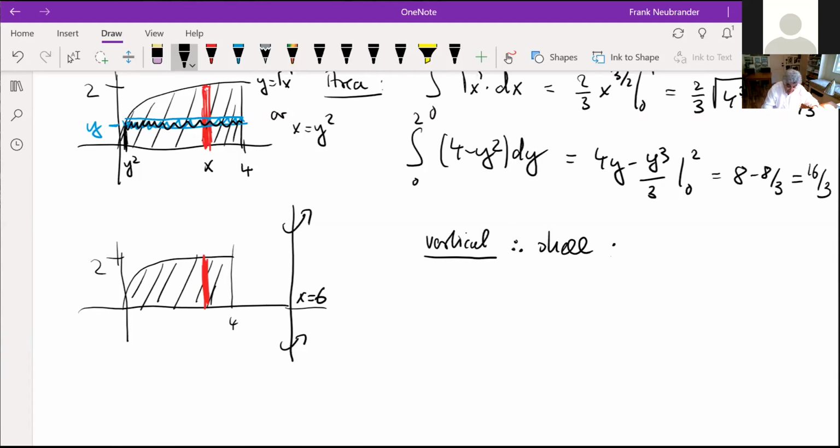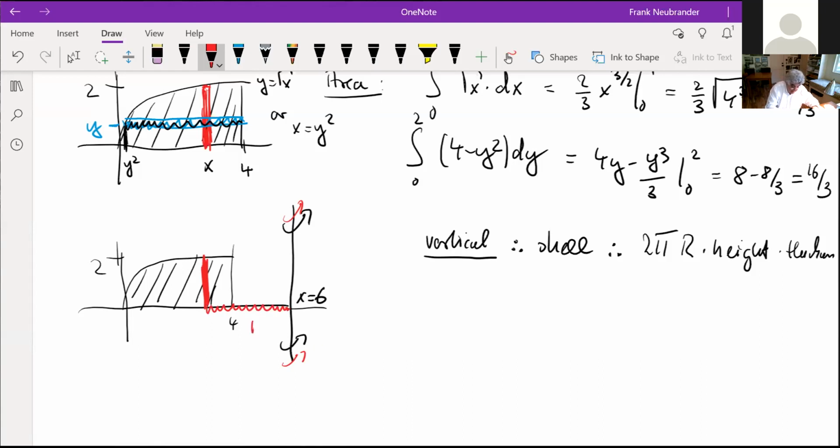And for a shell, the base formula is 2 pi radius times height times thickness. Now, what is the radius in this case? The radius, if I rotate a red line about the axis, will be the length of this little curve.